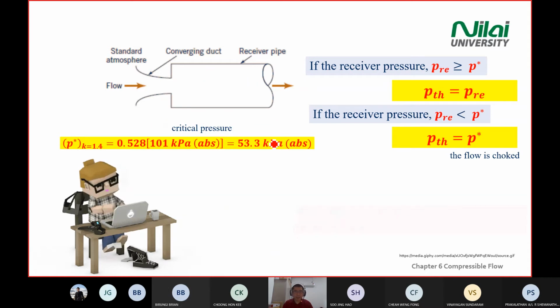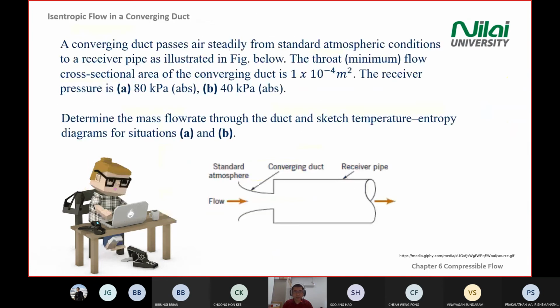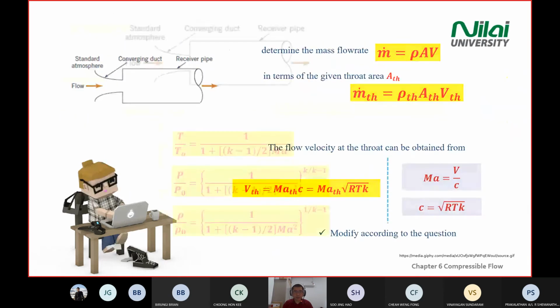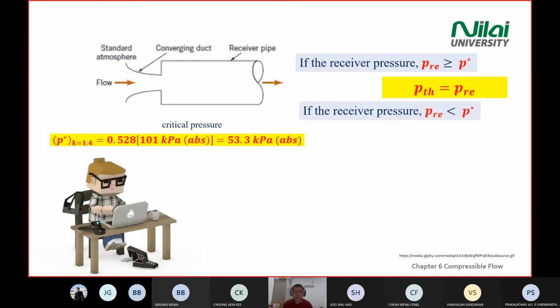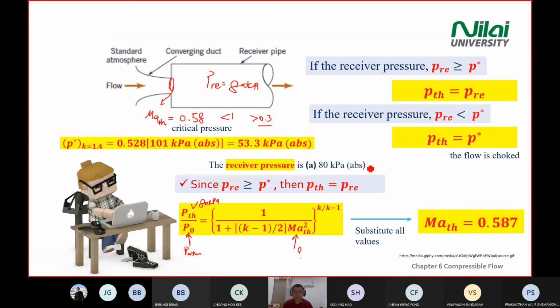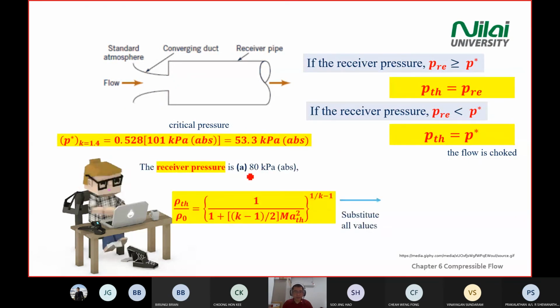Okay, so I think there's nothing complicated here. To continue, you can also calculate the density at the throat.